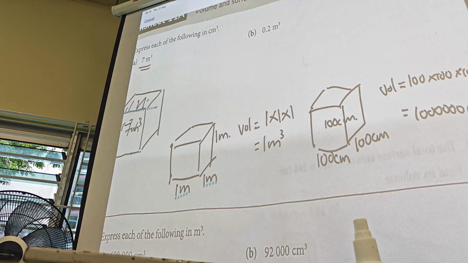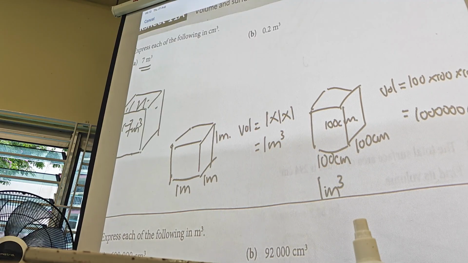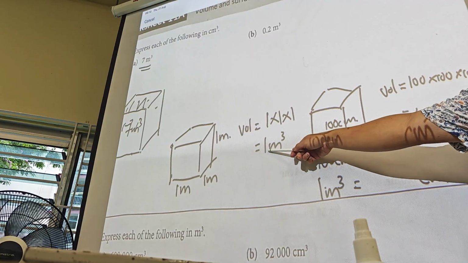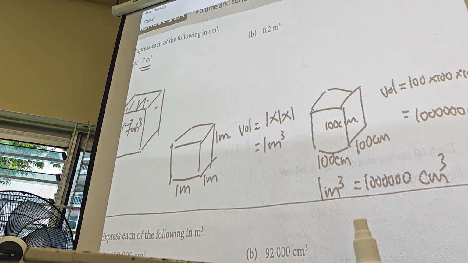So these two are the same. So that is to say, if I want to convert every 1 meter cube to using cm cube as a unit, I must multiply by 1 million.